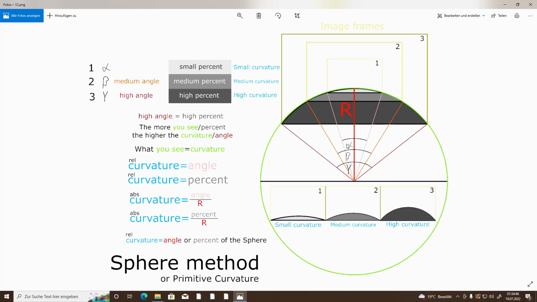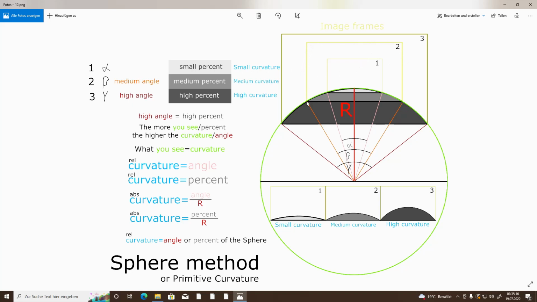We see there is alpha, beta, gamma, and gamma has a high angle, beta has a medium angle, alpha has a small angle. In alpha you see a small percent of the sphere, like in this camera, a small angle and a small percent of the sphere, and you see small curvature.